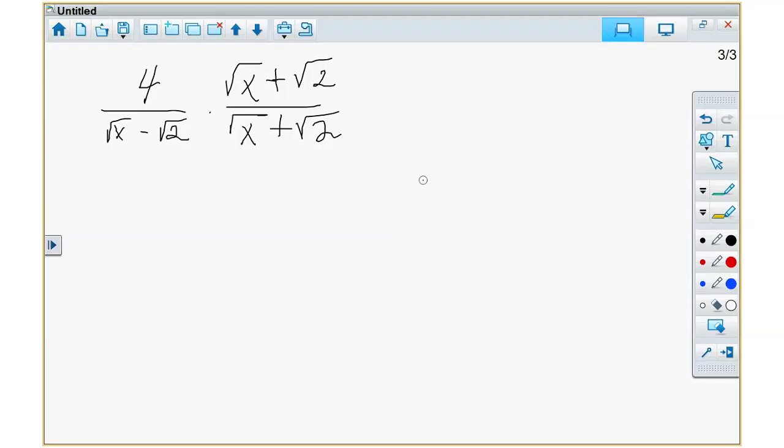Shortcut number 3, which means basically you're going to cancel, and you're going to get x minus 2 on the bottom because the squares cancel the radical. And then you're going to get 4 times square root of x plus square root of 2. Capiche?